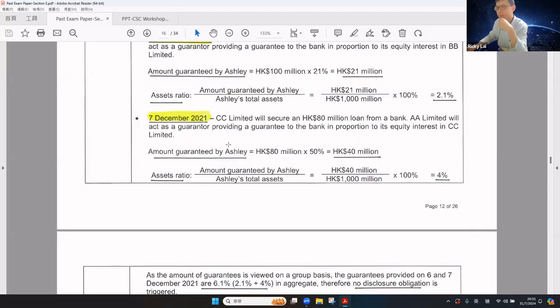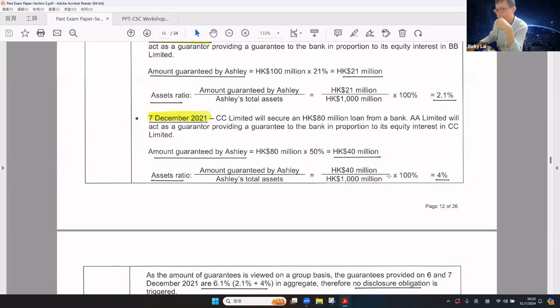How about the second loan? C will secure an 18 million loan from the bank. A will act as a guarantor, providing a guarantee to the bank in proportion to its equity interest. Again, what is the amount guaranteed? The loan is $18 million and the shareholding is 50%, so the guarantee amount is $40 million.